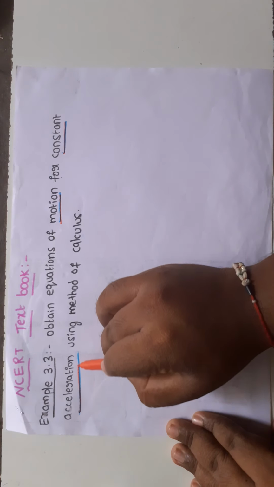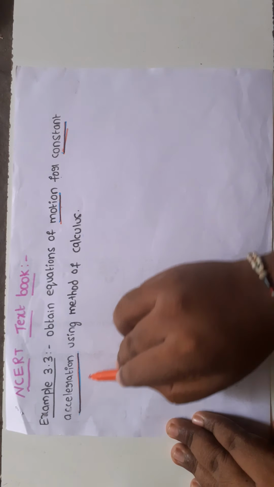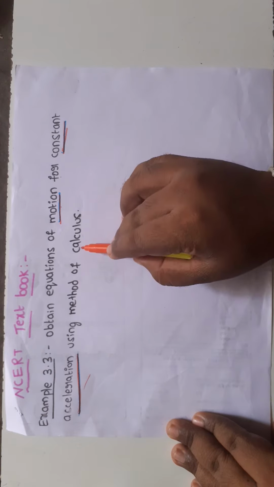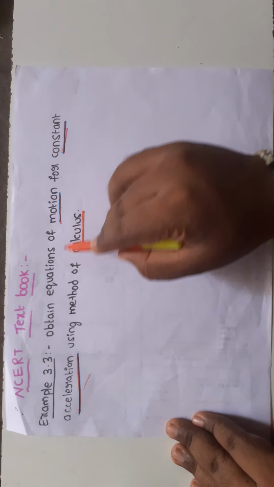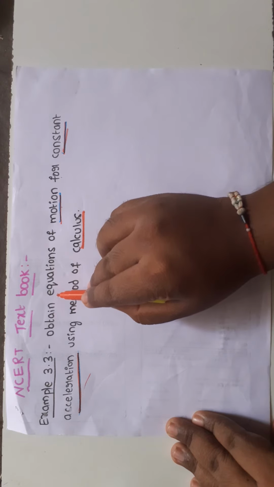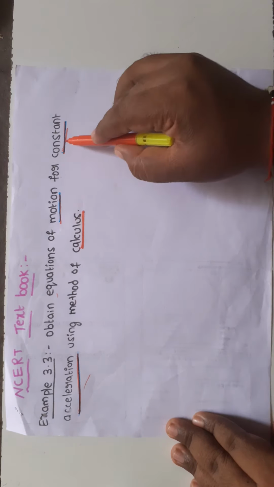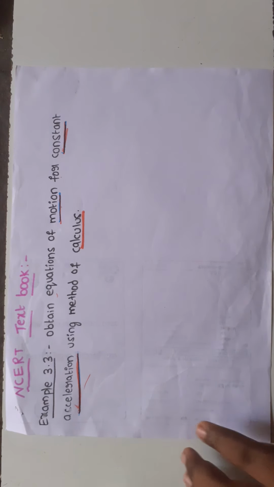Here the condition is given: the object is in motion, its acceleration is constant. Using which method? Calculus method. By using the calculus method, we are deriving the equations of motion for constant acceleration. Okay.